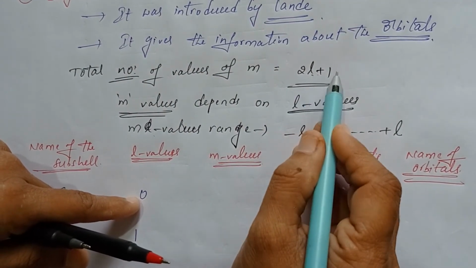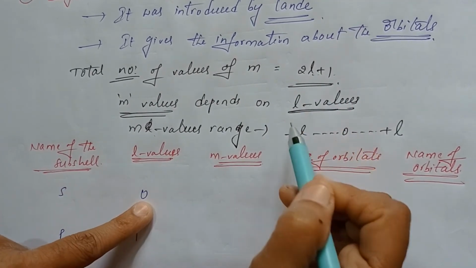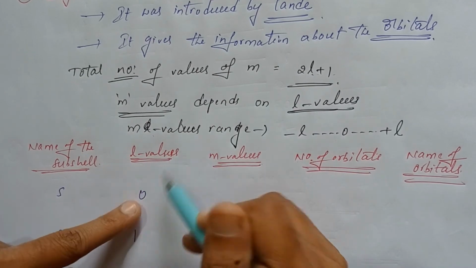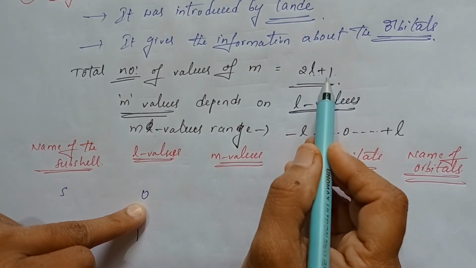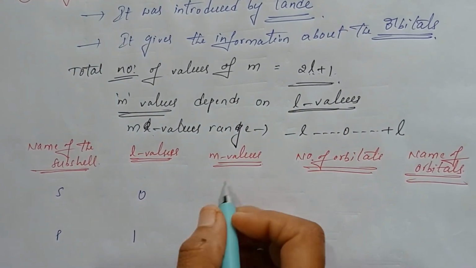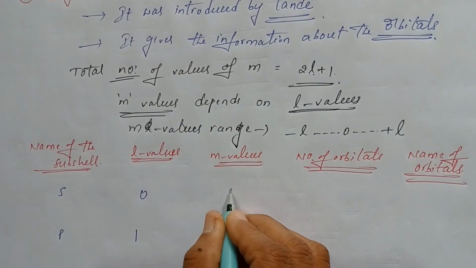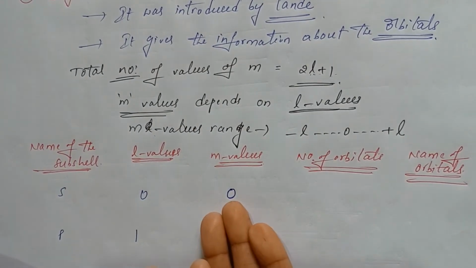That gives 1. That means the magnetic quantum number has only one value, that is 0.